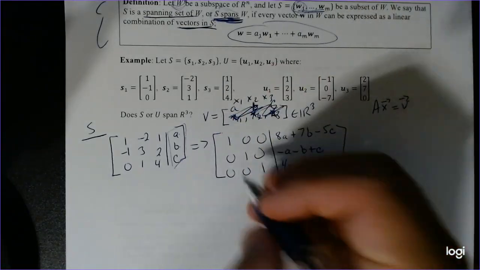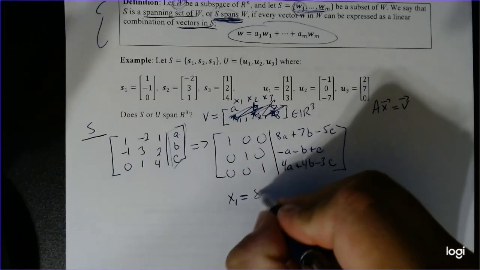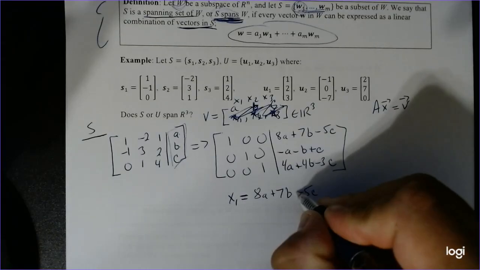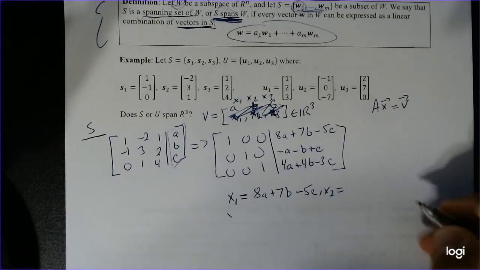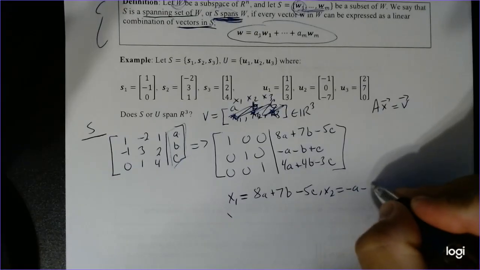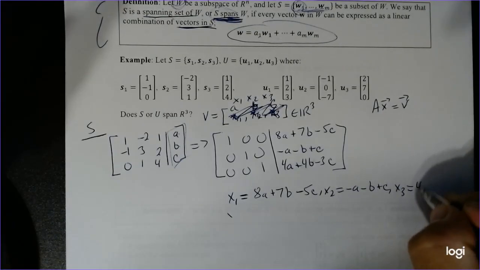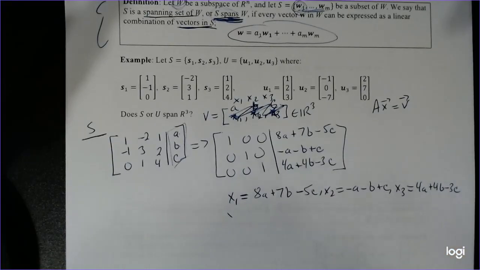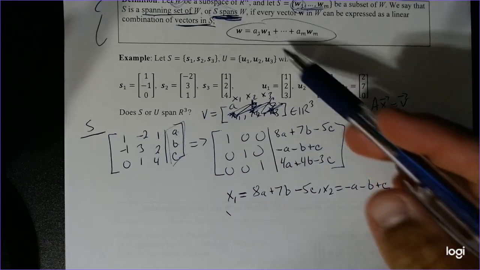So what does this mean? x1 of this vector is equal to this linear combination, x2 is equal to this combination, and finally x3 is equal to that combination, for arbitrary a, b, and c.